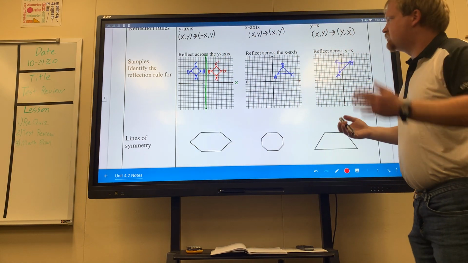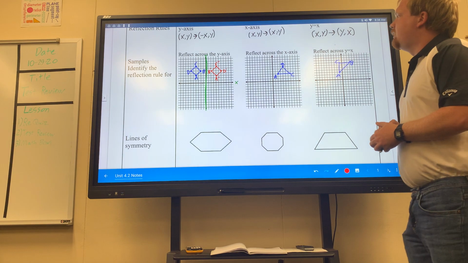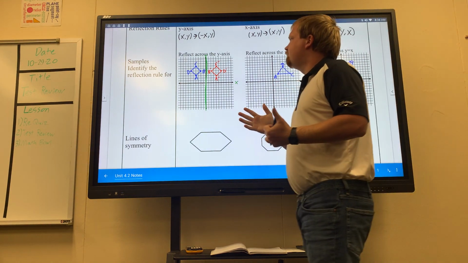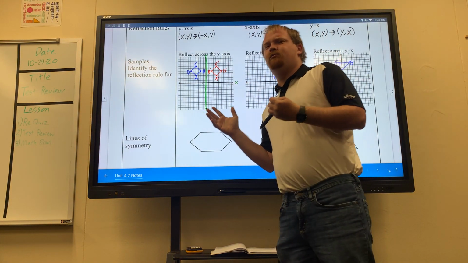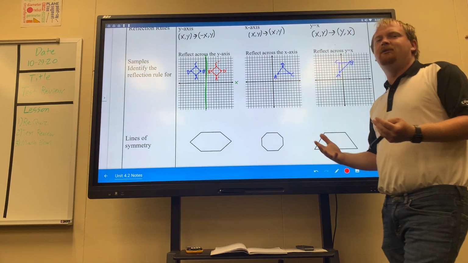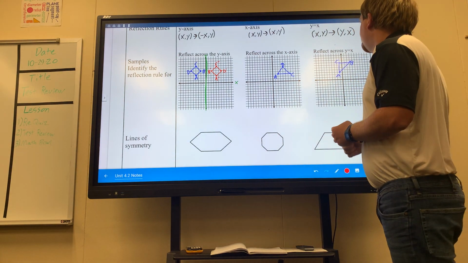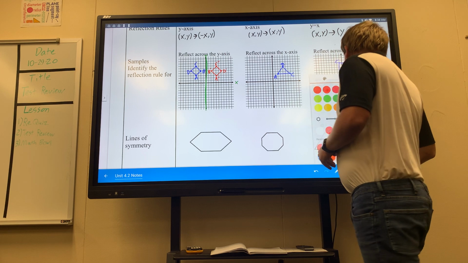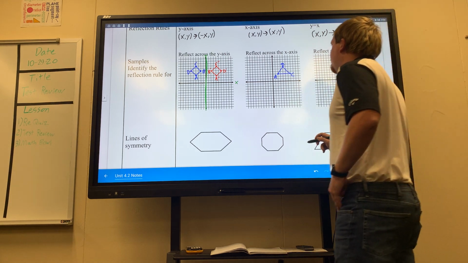And that's what a reflection is going to look like. Now, in this case, it does look like it's translated, but it is a reflection. It is reflecting. So let me give you another example of a good reflection.